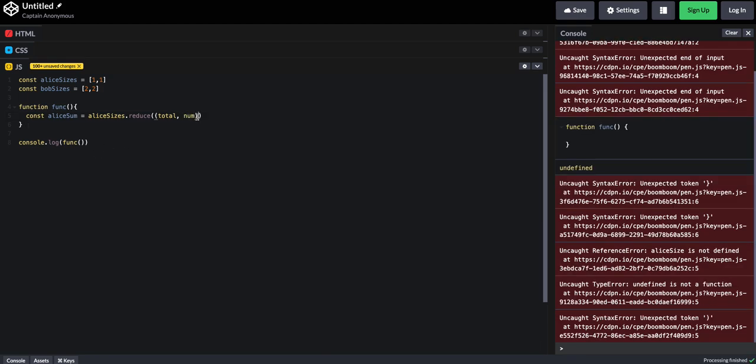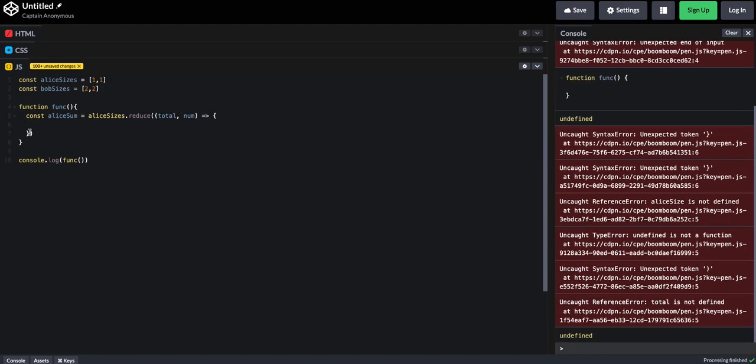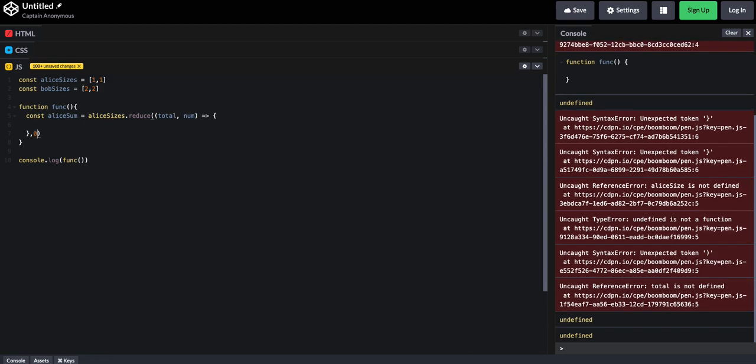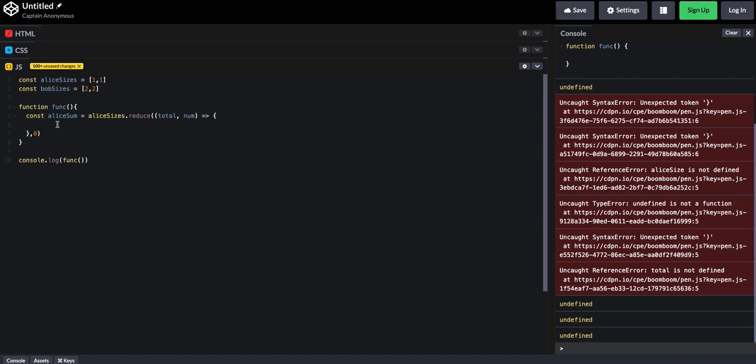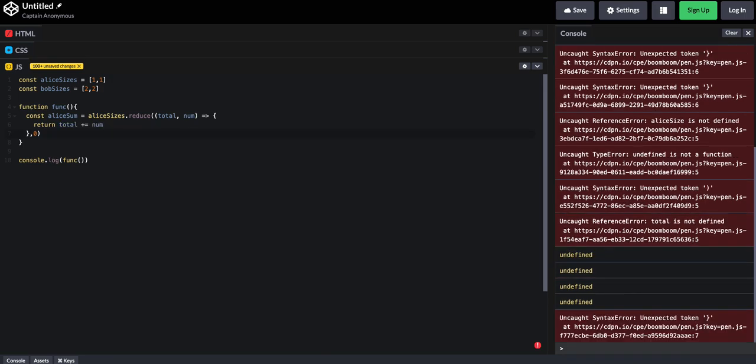You can also include an index, I believe. This is your initial total. So this variable total, that's your initial total. And then every time through the loop, oh, and you always got to return this too. That's kind of a tricky little part of this, but total plus num.